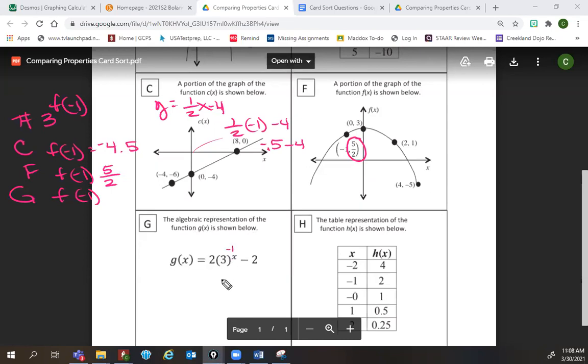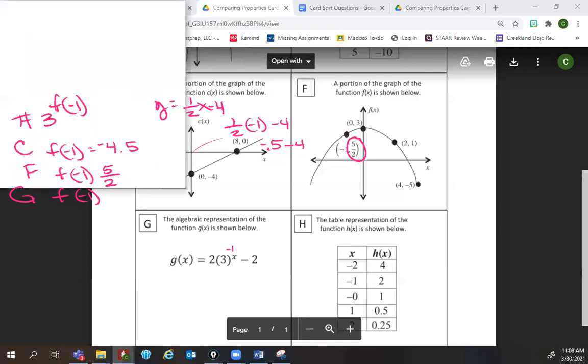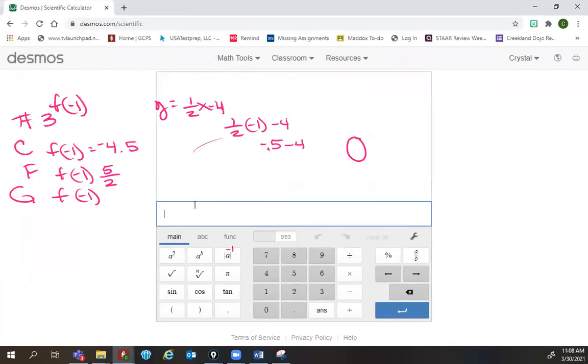That could get rough if you don't have the skills to put it in the Desmos scientific calculator. So I'm going to show you the scientific calculator real quick. You got to keep in mind it's a -1. All right, watch. That was 2 and then 3, right?